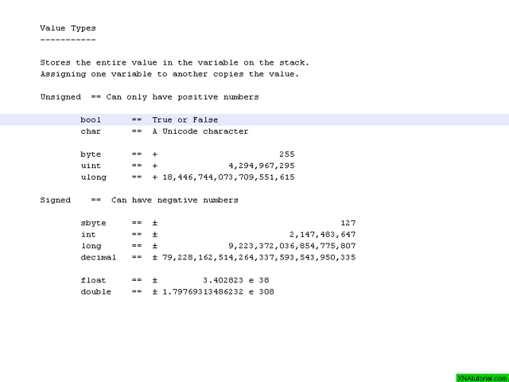The other ones you will not use that much. You can possibly use the unsigned integer, but probably not. It is much more common to use the signed integers because they can have negative numbers, so they're a bit more flexible. And the most common one is probably the integer, because it stores whole numbers in 32-bit chunks, so they are pretty fast for a Windows operating system.